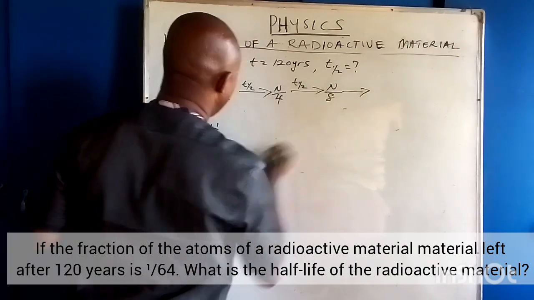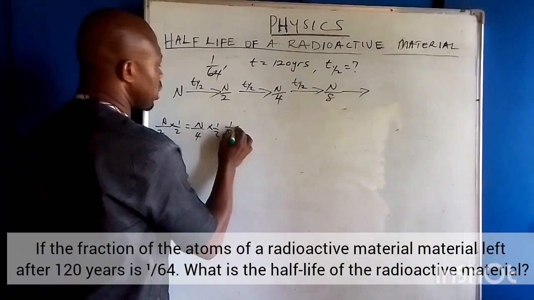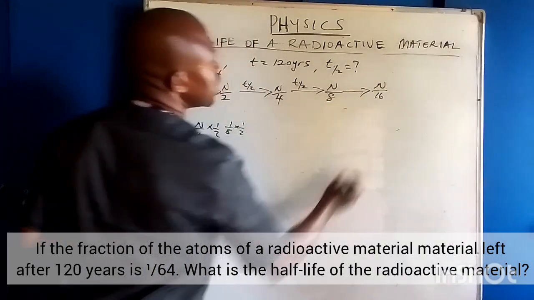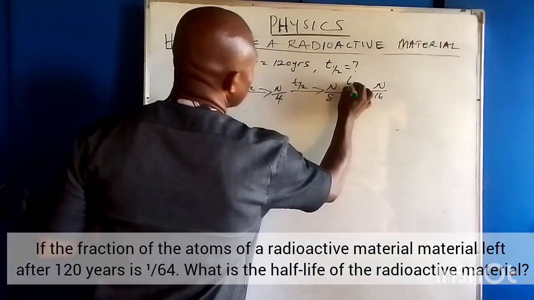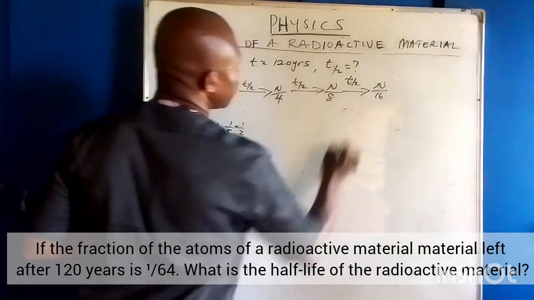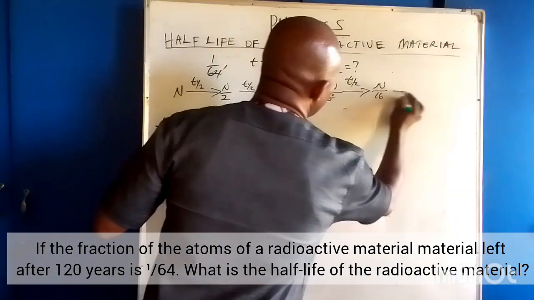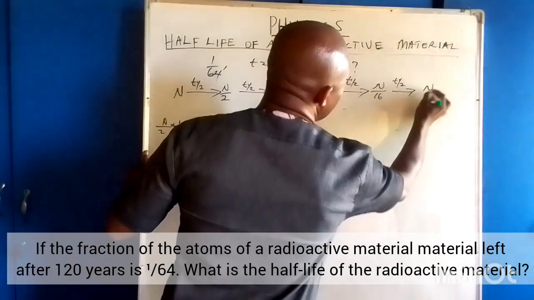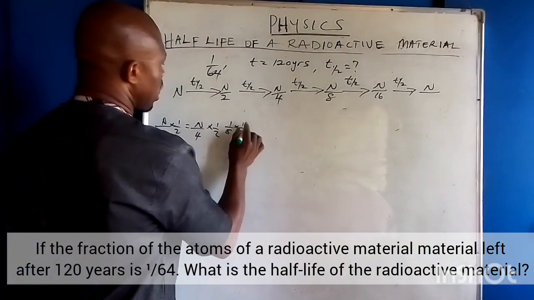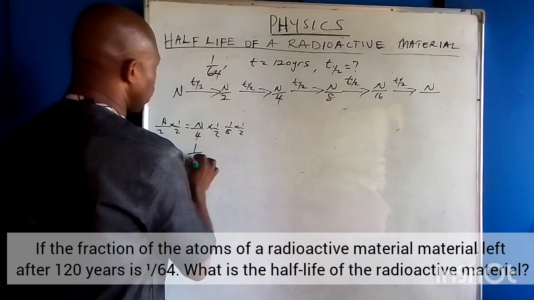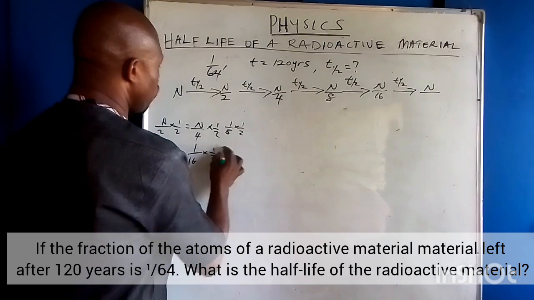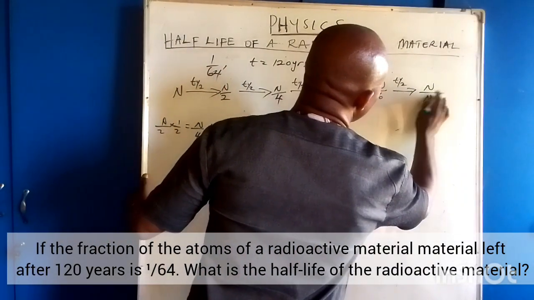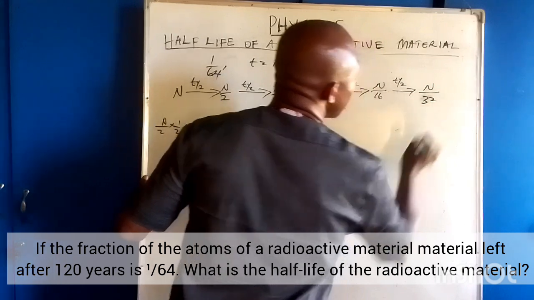After another half-life, N over 16 times half will give us N over 32 remaining.